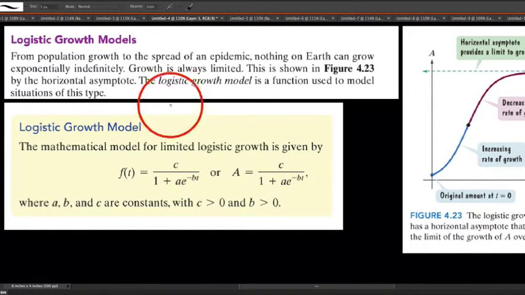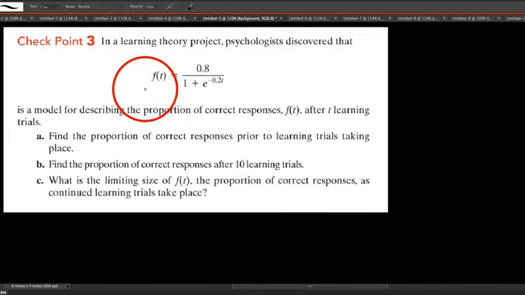So what we're going to do is play around with a logistic growth model and see what it looks like in terms of evaluating it. In a learning theory project, psychologists discovered that f of t equals 8/10 divided by 1 plus e to the negative 0.2t is a model for describing the proportion of correct responses, f of t, after t learning trials.